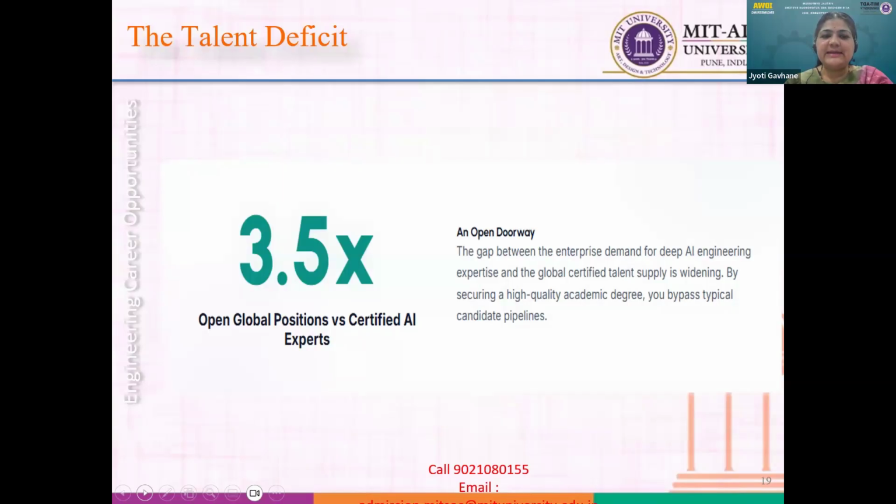we are facing a deficit in the industry at a global level of certified AI experts, so the student has to secure a high quality academic degree in a specialization to bypass the typical candidate pipeline.